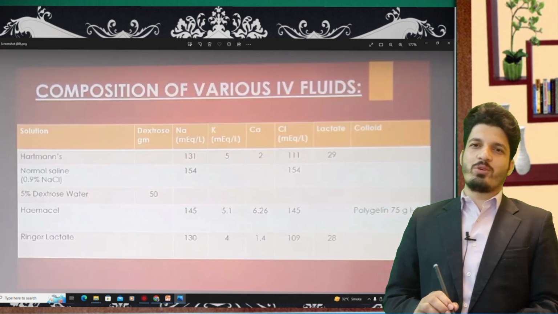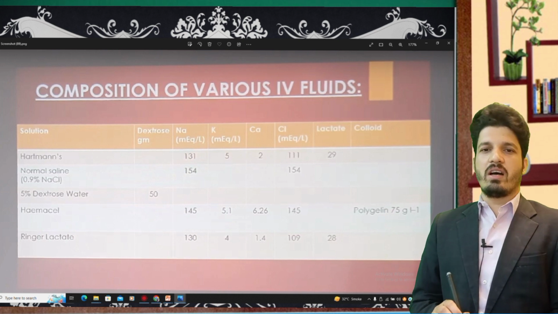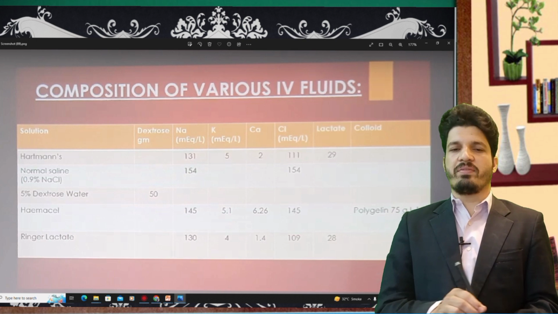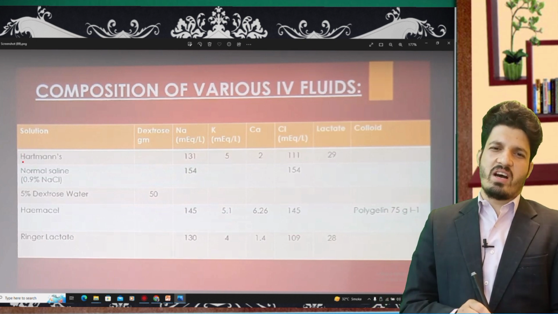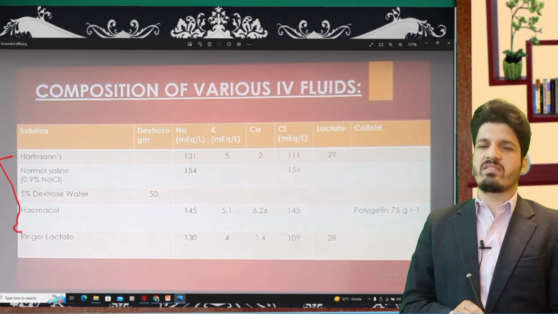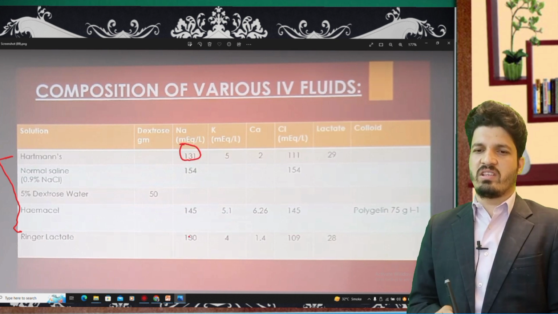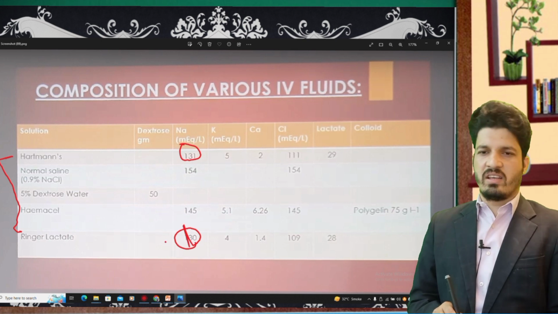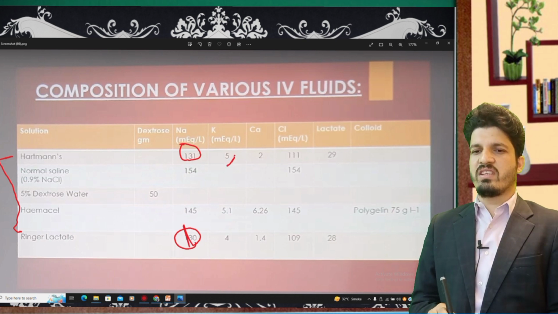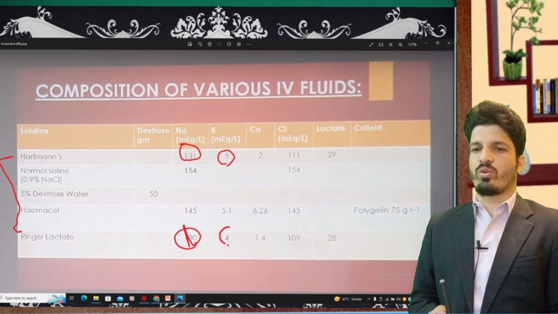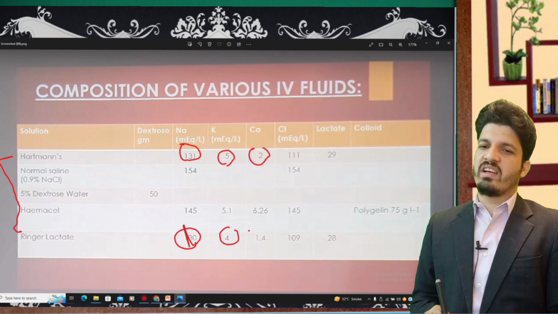Now this is the most important slide, the composition of the various IV fluids. You must have it on your fingertips. Most of the time Hartmann and Ringer lactate are considered the same, but there is a slight difference. Sodium is 131 in the Hartmann and 130 in the Ringer lactate. Potassium is 5 in the Hartmann and 4 in the Ringer lactate, and calcium is 2 in the Hartmann solution and 1.4 in the Ringer lactate.